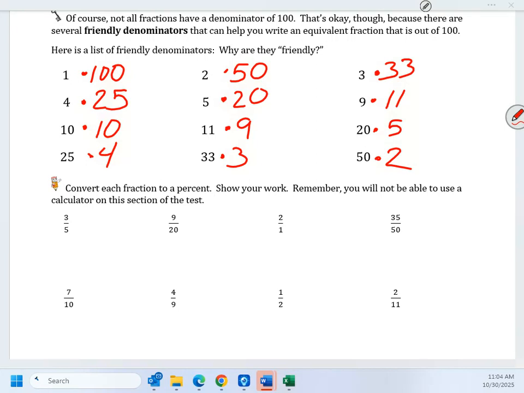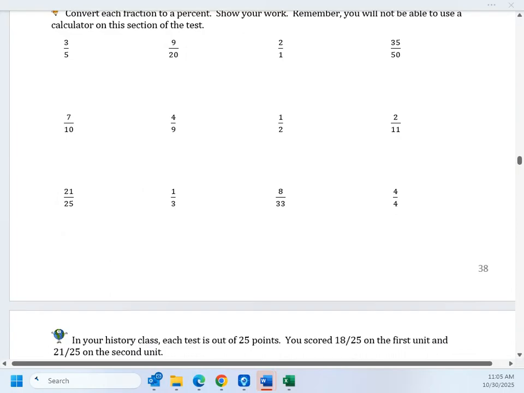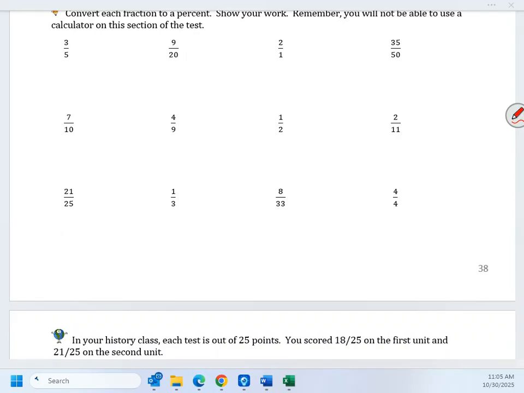So now we're going to use that knowledge to convert these fractions into percentages. Show your work. So you're not just going to write the answer. You're going to show me what you converted 3/5 to be, and then put it into percentage.